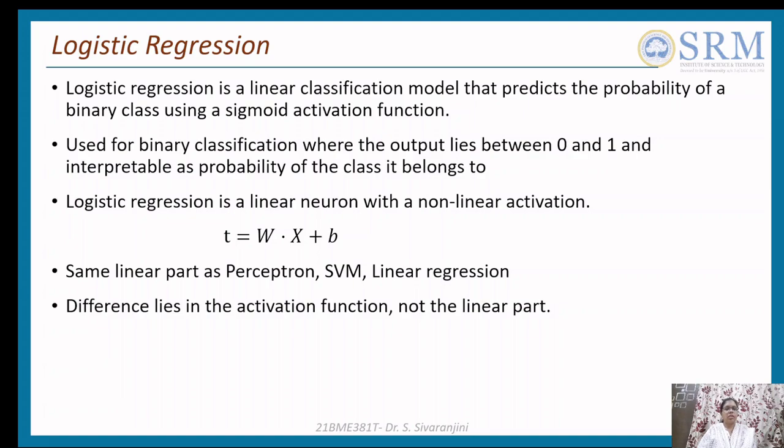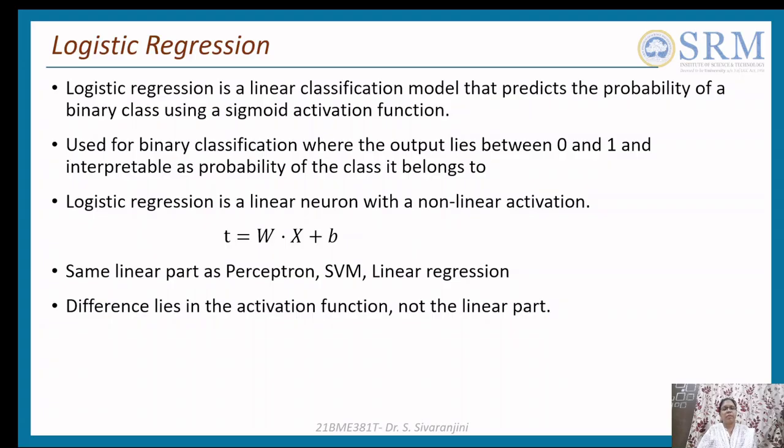So what is the logistic regression using? It's still using a linear neuron along with a nonlinear activation function, which differentiates it from a multilayer perceptron, an SVM, or a simple perceptron. The linear equation is t equal to W into X plus b, where W are the weights and X is the inputs.